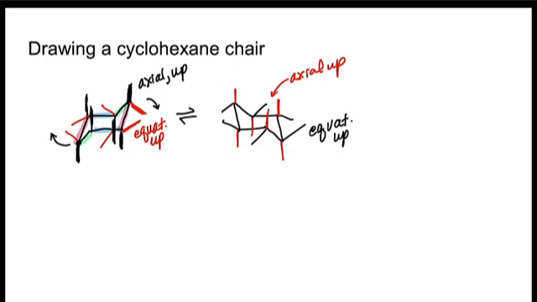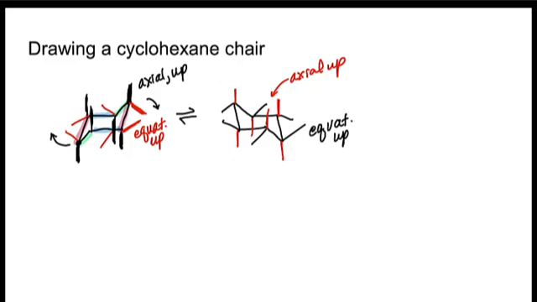So axial up goes to equatorial up. Likewise, if a bond is equatorial up, when it does its ring flip, it's going to go to axial up. Same with all the downward pointing positions. We can't change an upward pointed position to a downward pointed position by doing a ring flip.